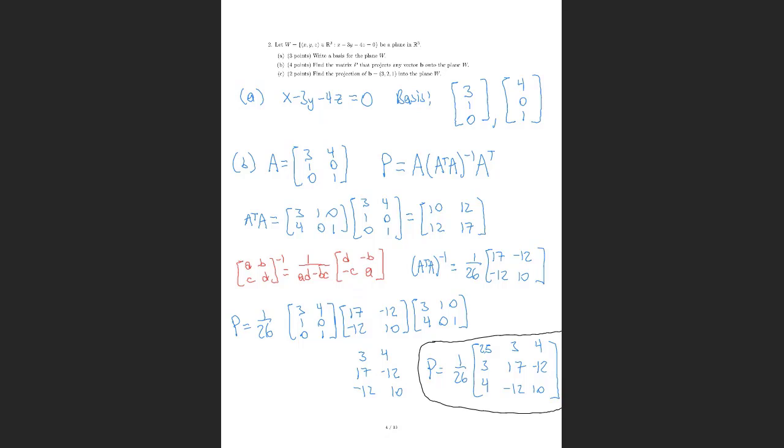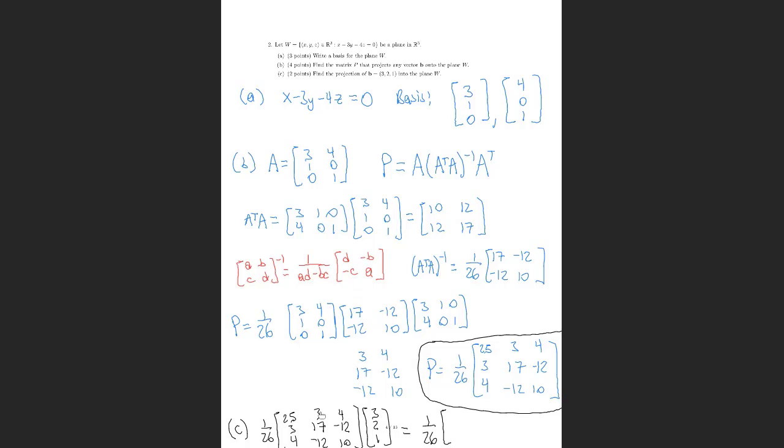So then to find the projection of vector 3, 2, 1 onto the plane, we would just take the projection matrix that we computed and just multiply it with the vector 3, 2, 1. So I guess we can do that real quick.